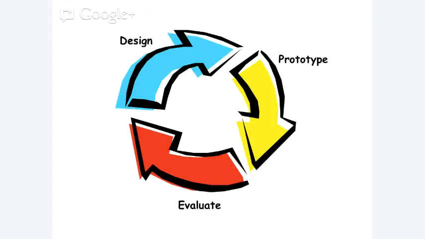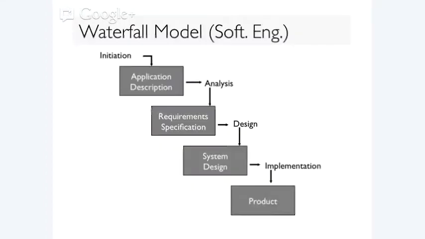Okay, so in a nutshell, it's a cyclic process, and I just wanted to wrap up this discussion by showing you a contrast. The contrast is the waterfall model. Who's heard about the waterfall model before? Okay, so this was a classic model of software engineering. If you take CS160, you will most likely not learn about the waterfall model, or it will be presented as something we've overcome in the field.